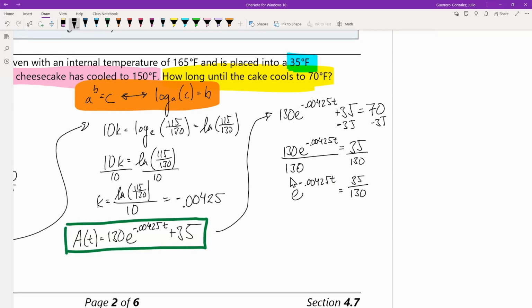I'm going to use that boomstick again, the thing in the orange, right? Negative 0.00425 t is equal to ln of 35 divided by 130.